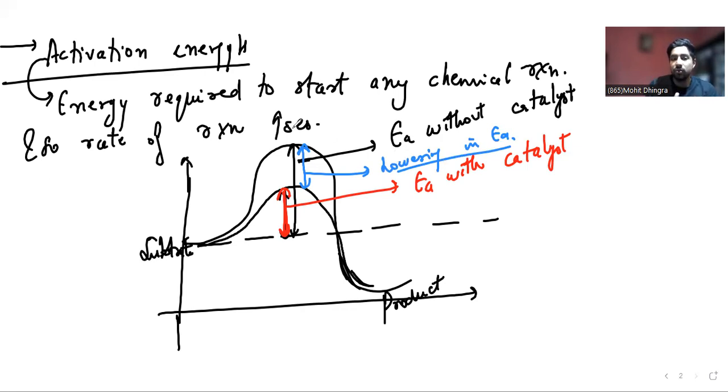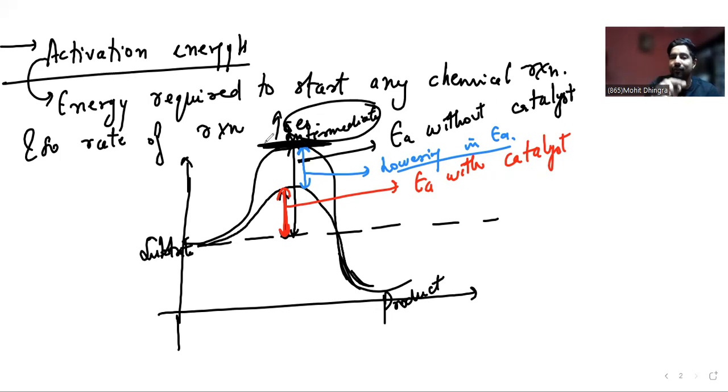This is the intermediate which the catalyst forms over here. See how by adding the catalyst, the activation energy has lowered, and as the activation energy has lowered, the rate of reaction has increased.